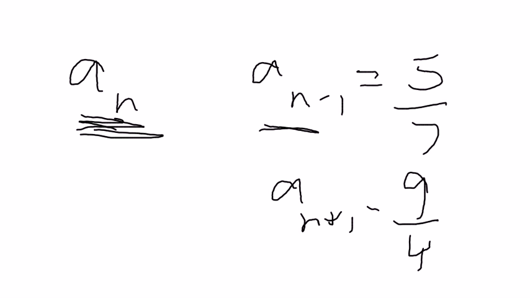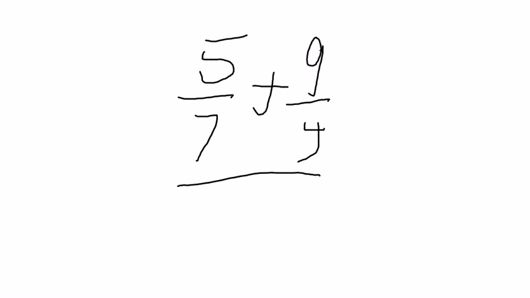Well, how do you get the middle one? Well, if it's arithmetic, you're going to find the arithmetic mean. You just take the average of those two. You just add them and divide by 2. So you take 5/7 and add 9/4, and we got to divide by 2.